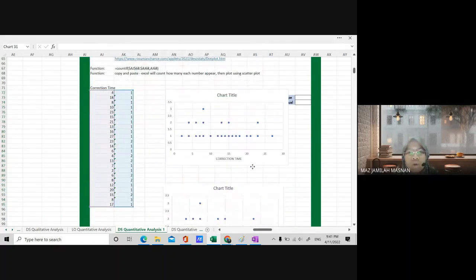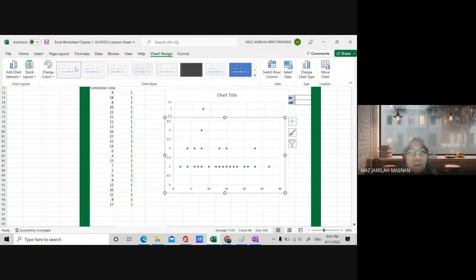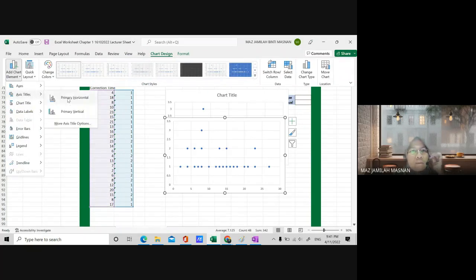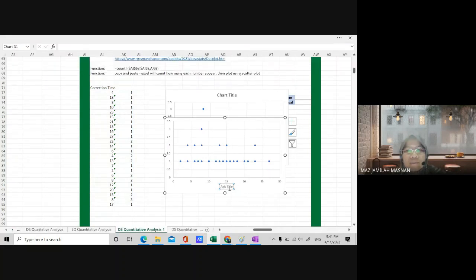So you have your plot, and then if you don't want to have the title, delete the title, and then add the x-axis. The x-axis is referring to the correction time, so put the correction time.